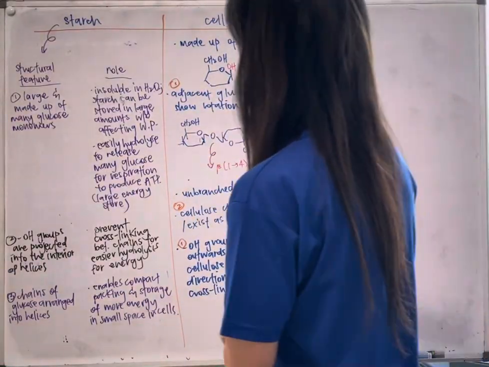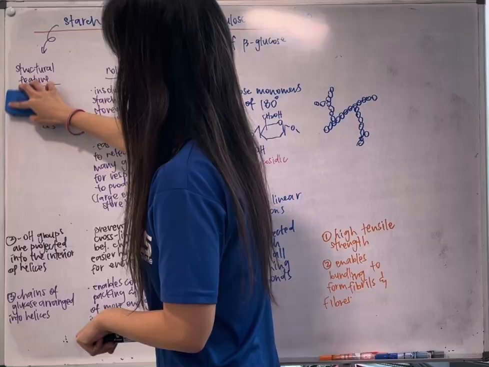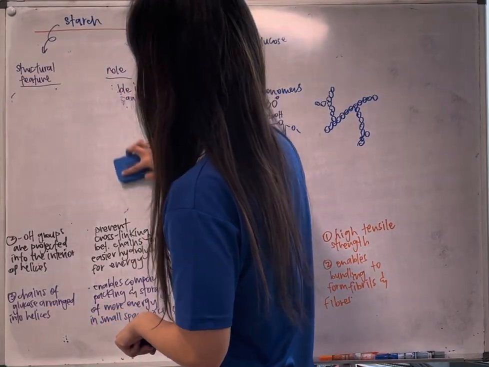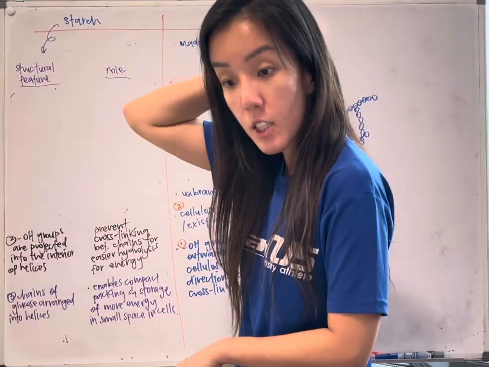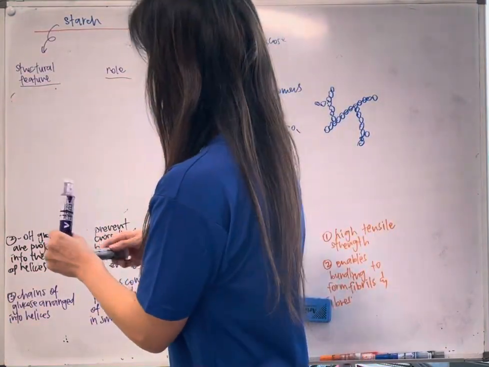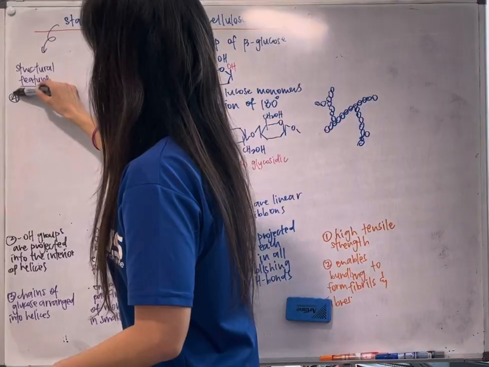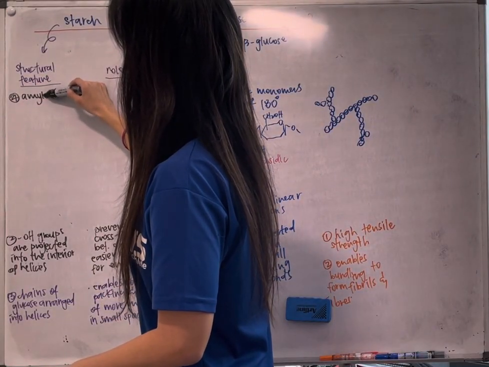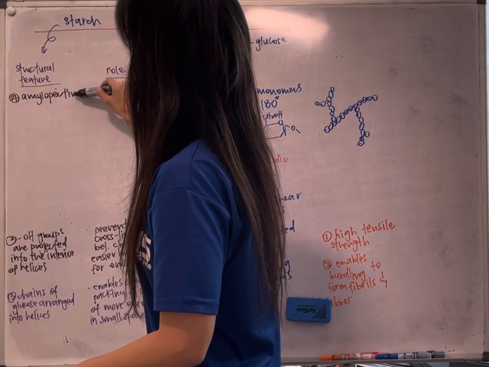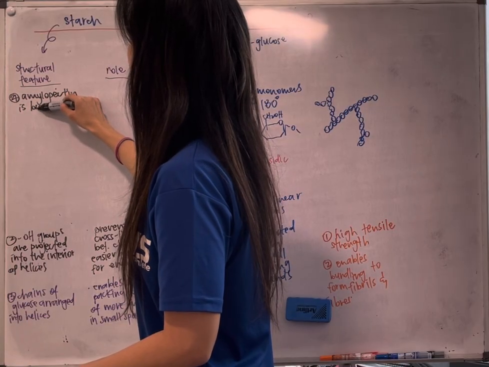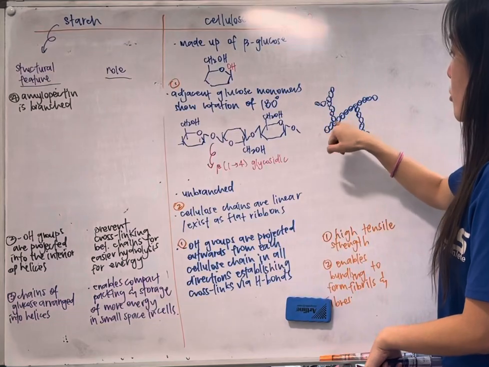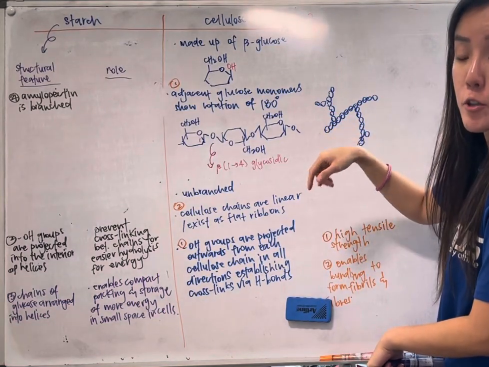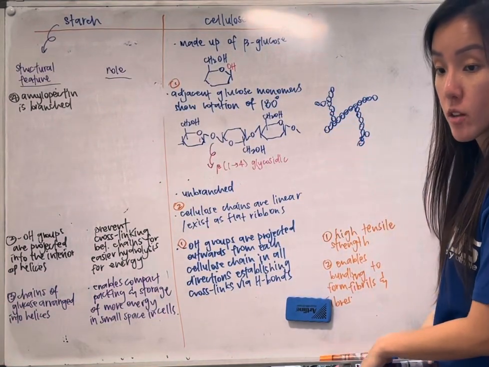Okay? Last one. The last structural feature of starch is that amylopectin is branched. Think about this: whenever amylopectin is branched, you just need to hydrolyze this branch point. You straight away release short chains of glucose.